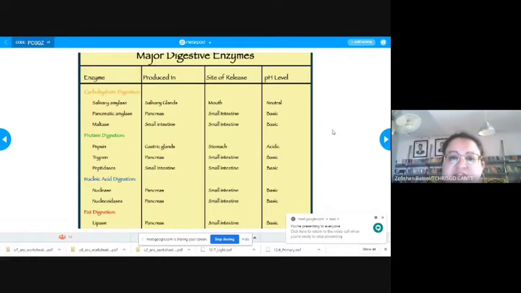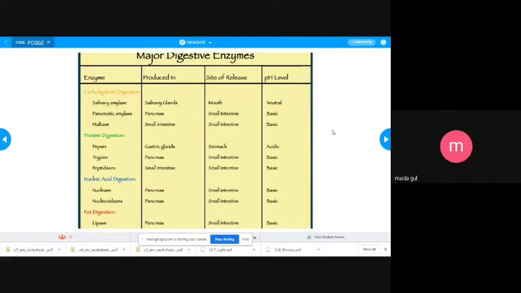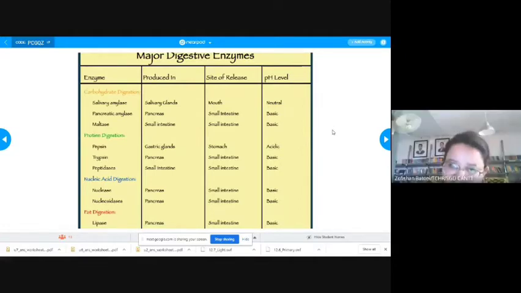For example, carbohydrate digestion involves the amylase enzyme which helps in breaking down starch. Amylase is secreted in the mouth, in saliva, and it is also present in the small intestine.